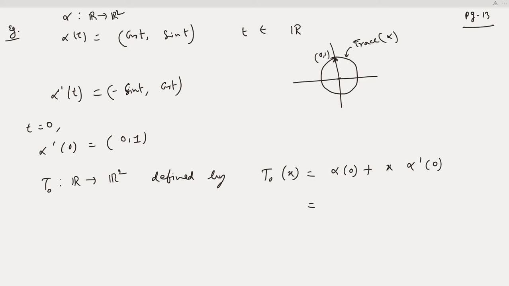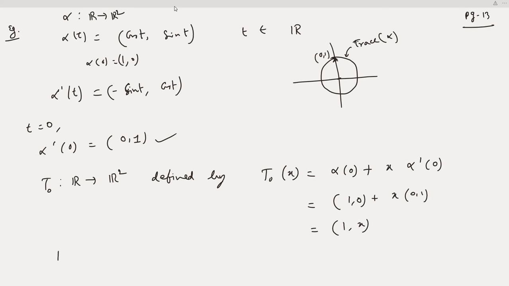So alpha of 0 is equal to 1 comma 0, plus x times alpha prime of 0, which is 0 comma 1, and this is equal to 1 comma x.